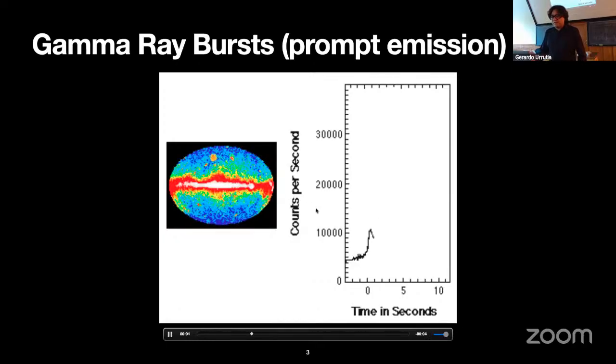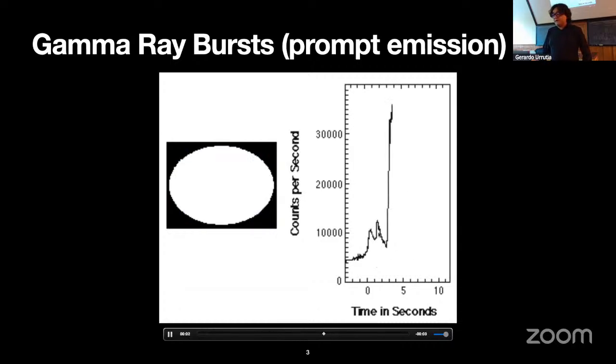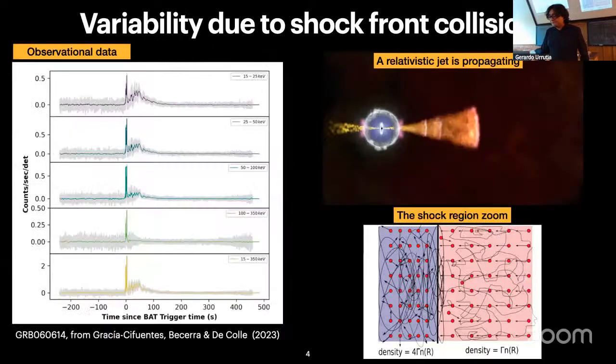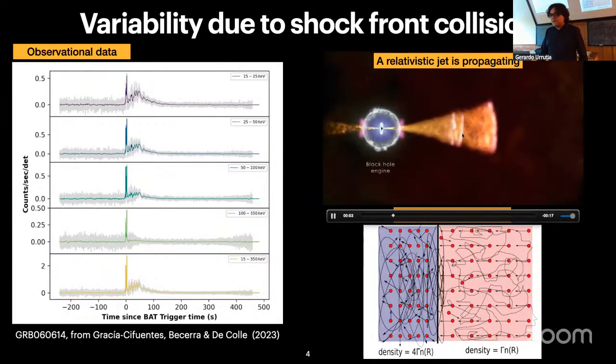So when this explosion takes place, you can see how it is shining, and the light curves also present a high variability, and one mechanism responsible for this variability is the collision of the shocks.